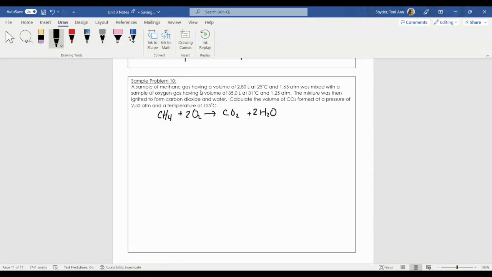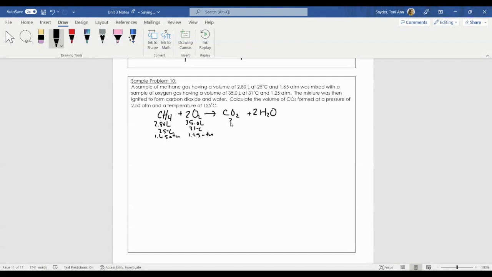So a sample of methane gas having a volume of 2.80 liters at 25 degrees Celsius at 1.65 atmospheres was mixed with a sample of oxygen gas having a volume of 35.0 liters at 31 degrees Celsius and 1.25 atmospheres.